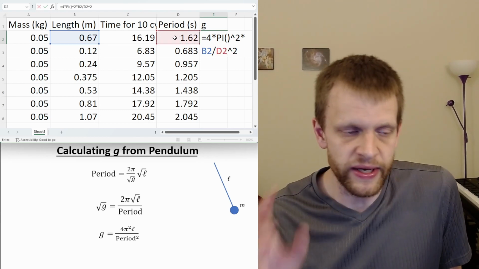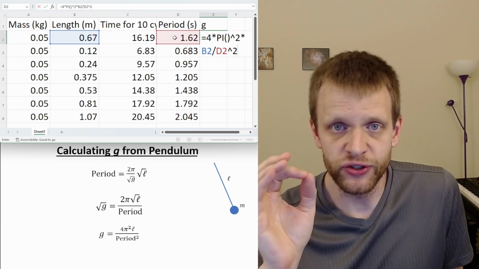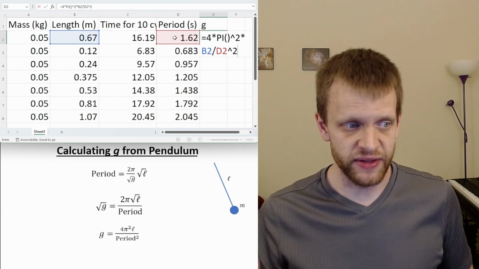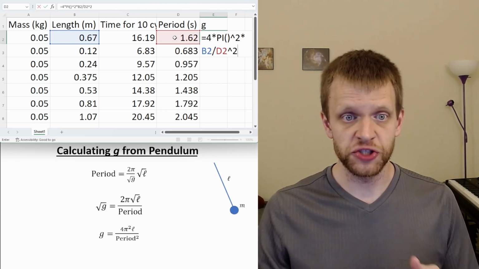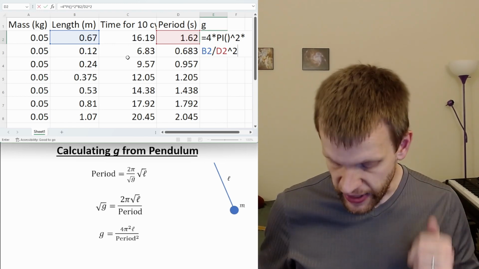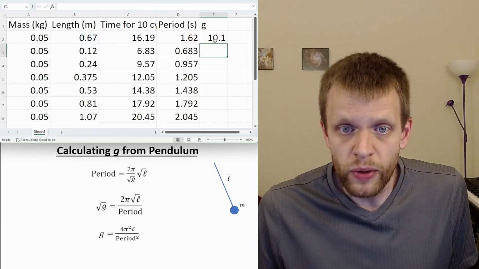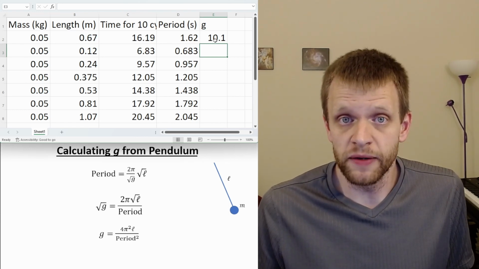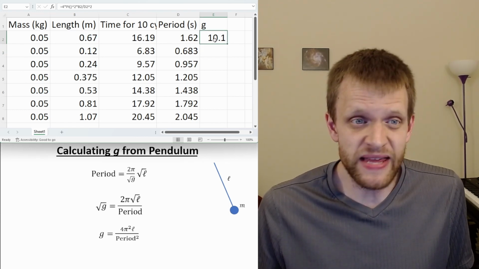Okay. Now again, when we look at each individual data point, it's probably going to be less accurate than what we used for the data as a whole, especially when we have some of these shorter pendulums. Okay? But let's see what we get. We were expecting to get 9.8. For this one, I got 10.1. But maybe that one was a fluke.